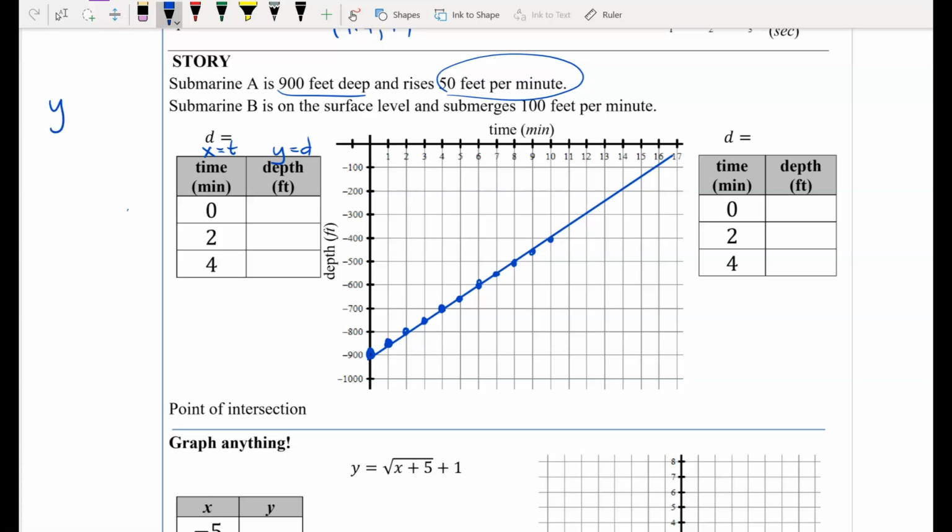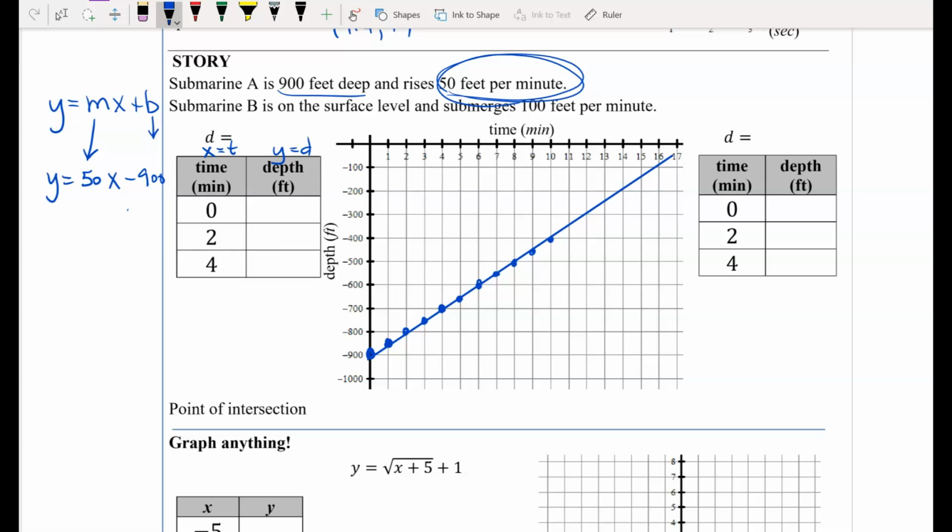But if we look at our template for the equation of a line, y equals mx plus b, b is the y-intercept, or the starting point. And you can see that our starting point is at negative 900, so we can make that substitution. The x stays in the equation, and so does the y. The m is our slope, and that is the rate that it's changing. And they tell us that it's rising at 50 feet per minute, so that's our slope, 50.